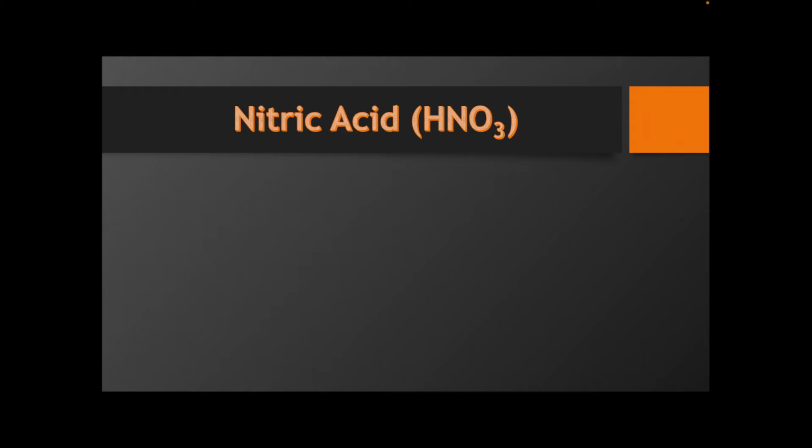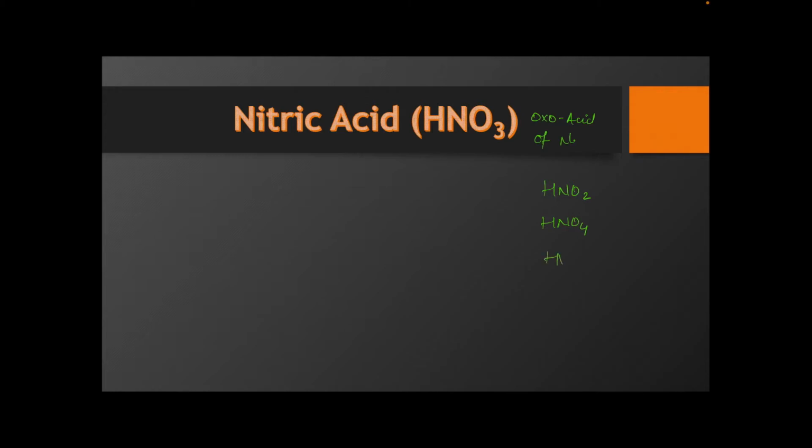Nitric acid, as the formula says, HNO3, is an oxo acid of nitrogen. There are various other oxo acids of nitrogen: nitrous acid, that is HNO2, and HNO4, which is known as peroxonitric acid, right?